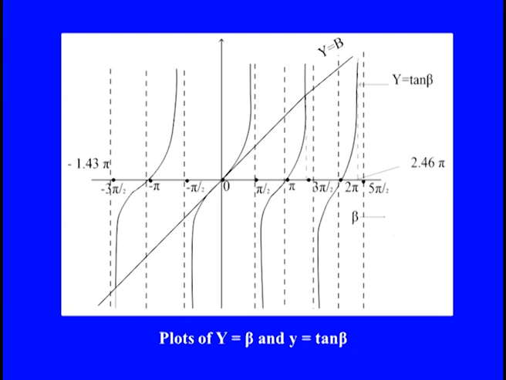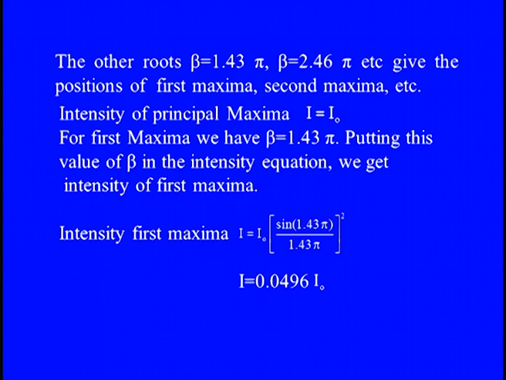So, intensity of principal maxima as we have seen is given by I is equal to I naught. For the first maxima we have beta is equal to 1.43 pi. Putting this value of beta in the intensity equation, we get the intensity of first maxima equal to I naught into sin 1.43 pi divided by 1.43 pi whole square.